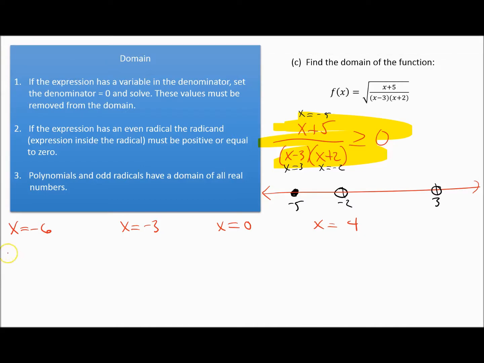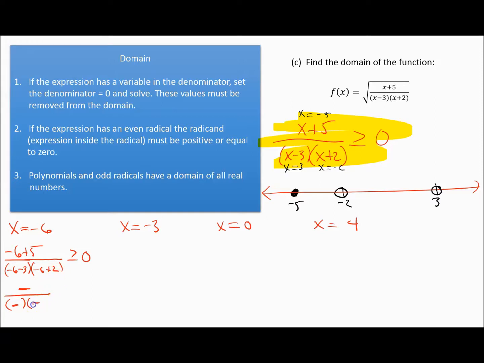So if I take negative 6, that'd be negative 6 plus 5 over negative 6 minus 3 times negative 6 plus 2. Now, you can actually do the calculation, but if you just work with the signs, it's faster. Like, for example, negative 6 plus 5 is a negative number. In the denominator, negative 6 minus 3 is a negative number.